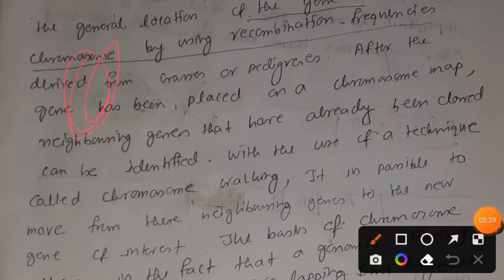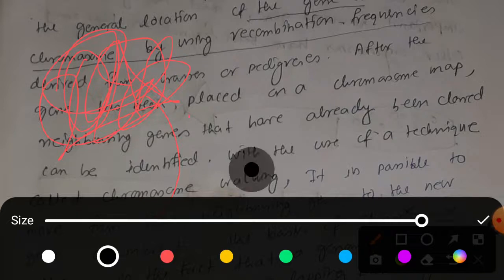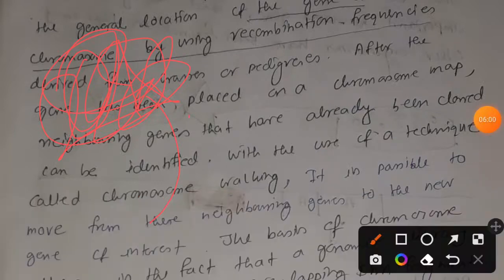First of all, suppose this is the entire genome. We can at least determine the general location of the gene, that is, where my gene of interest can be situated inside the genome.